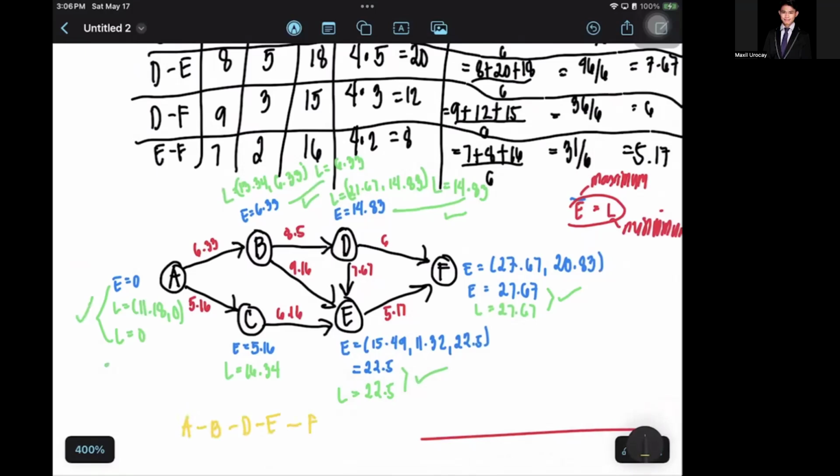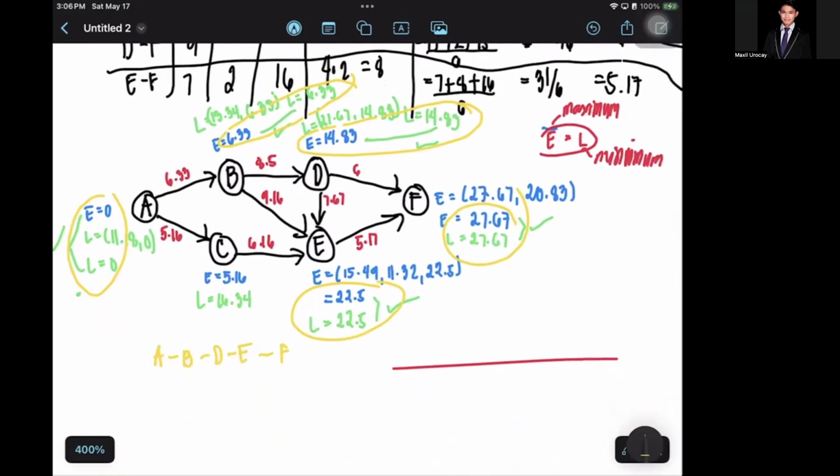Because at A, E and L are equal to 0, and B to D has E and L equal to each other, and D to E as well, and E going to F is equal to each other. So that's how you identify the critical path. So therefore, you do have the critical path.